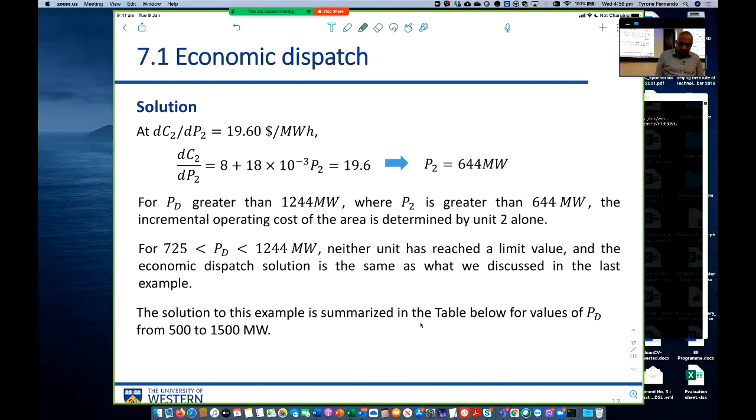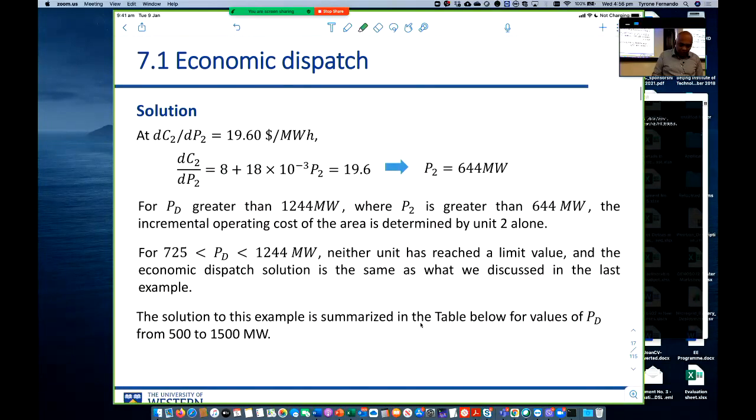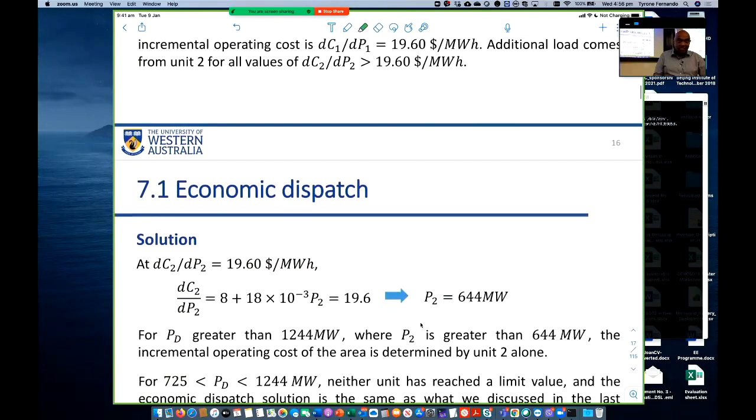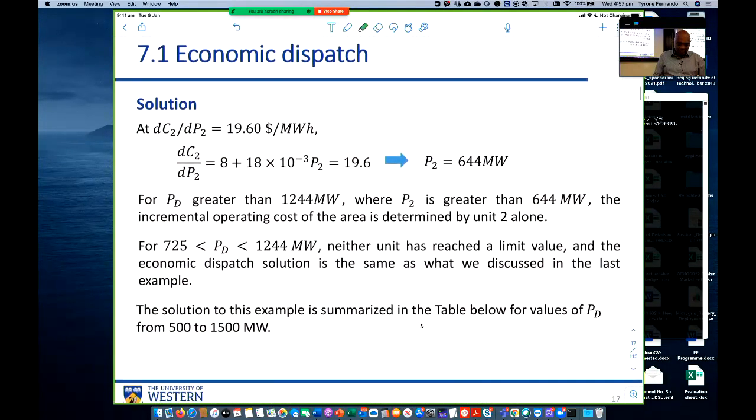So for PD greater than 1,244, which is just P1, which is 600, plus the 644.